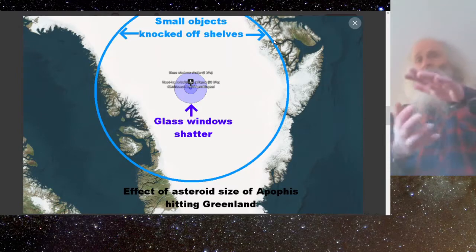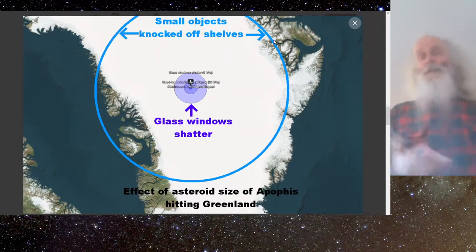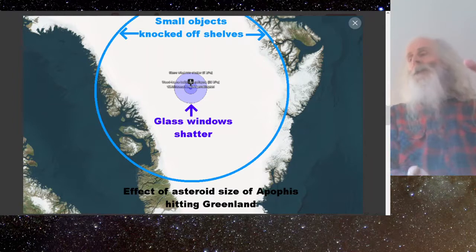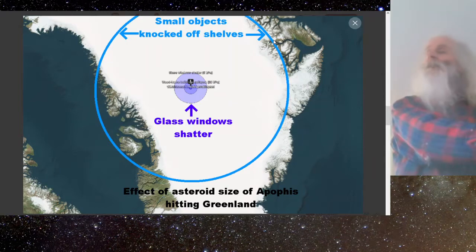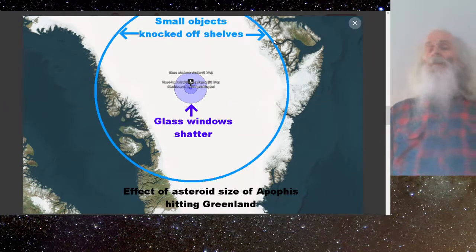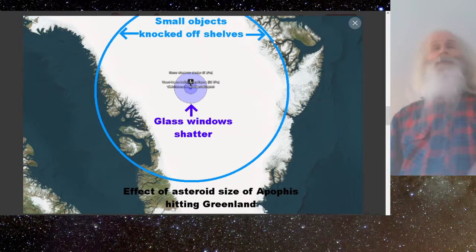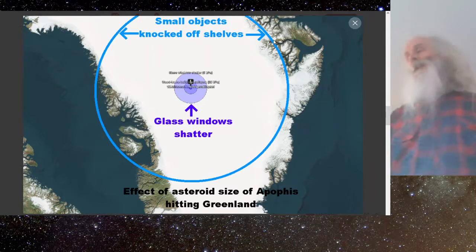And because it's 10, 20 times the depth of the ocean, the wave can spread over the ocean without losing any energy. With something like Apophis, that's only going to happen in a very, very shallow sea, maybe 5, 10, 20 meters deep, depending on the size of the asteroid.